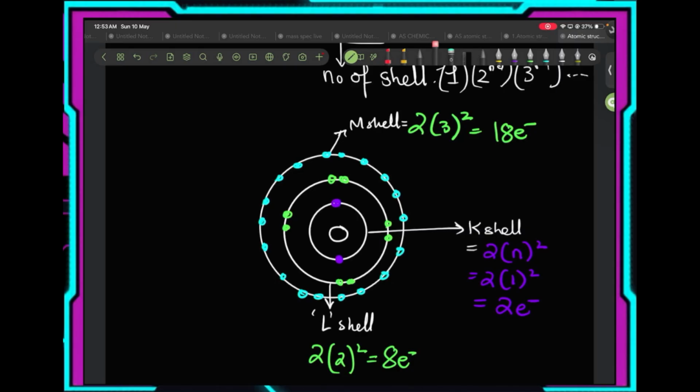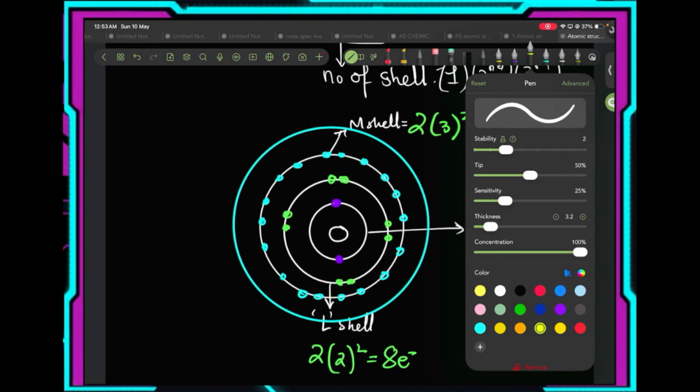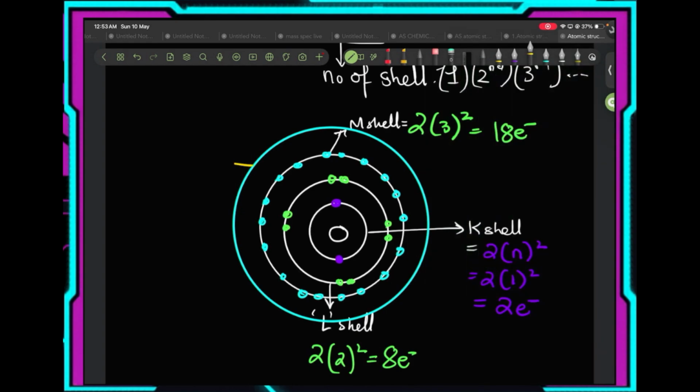Okay, and let's move on to the last shell. How many electrons should the last shell have? This is our last shell, your N shell or the fourth shell. You can write first, second, third, fourth if you tend to forget these. The N shell should have 2n square, n should be 4 and squared. What would be the value? 32.